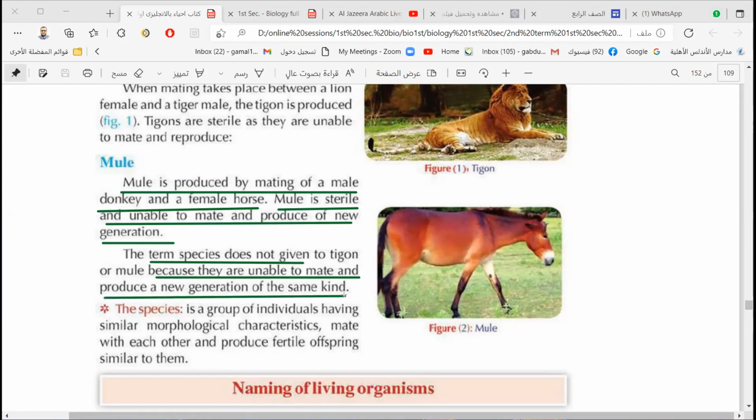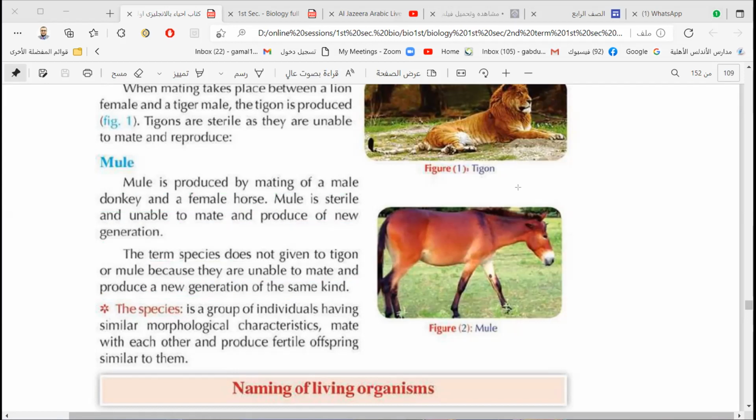They come from mating two different species, so it is not considered a species.